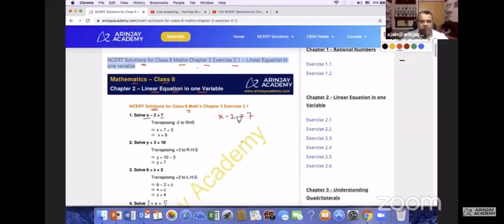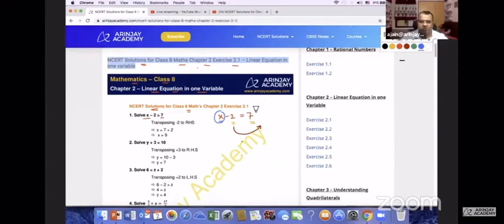Whenever you have linear equation in one variable, the first thing you should try and do is get all the variables on one side and get all the digits on the other side. In this particular case, x is a variable, and besides x, you have 2 and 7, which are numerical digits. So the first thing you should try and do is move all the digits to the other side of the equation.